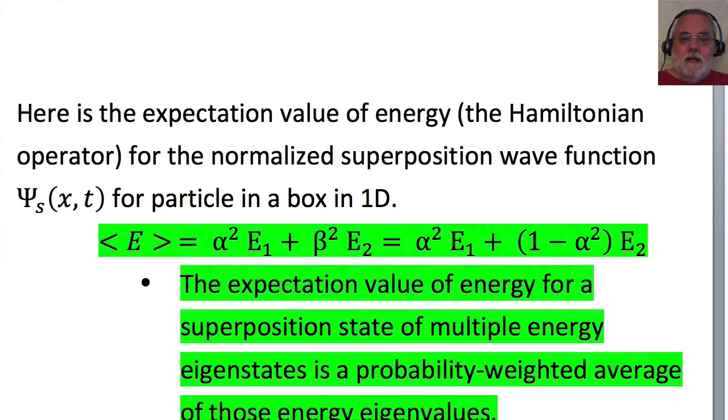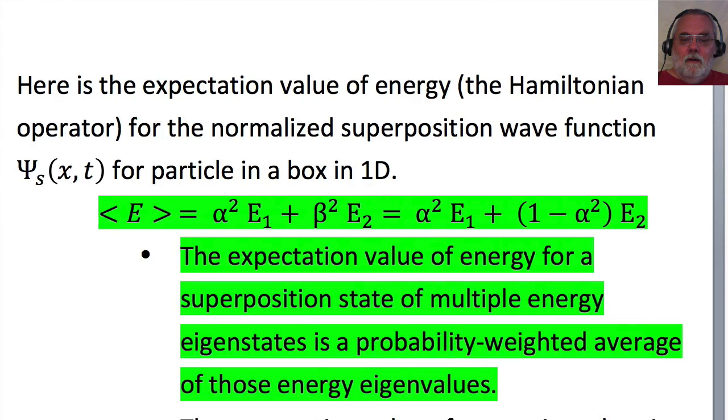So here's the expectation value of energy, in which case the observable operator is the Hamiltonian operator. So the expectation value of energy for the normalized superposition wave function psi sub s is alpha squared. Remember, alpha here is real, so I didn't have to write magnitude squared.